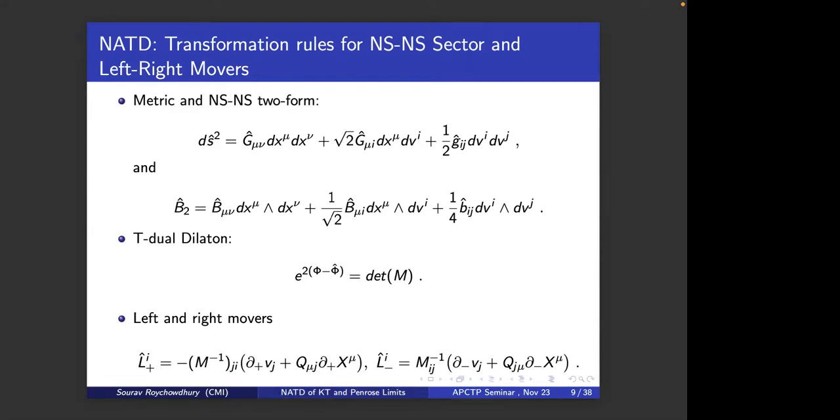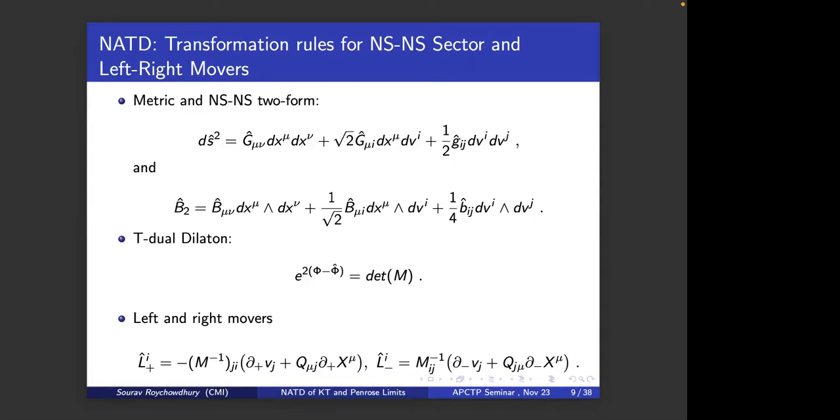Now we have to talk about the RR sector. However, you can see from the worldsheet Lagrangian that if you consider the left-right derivatives, which we wrote as L_i plus and L_i minus, in the T-dual case, it can be shown that these two derivatives, the left one and the right one, are transformed differently. You can see from the expression. In the T-dual sector, L_i plus and L_i minus generate two sets of vielbeins.